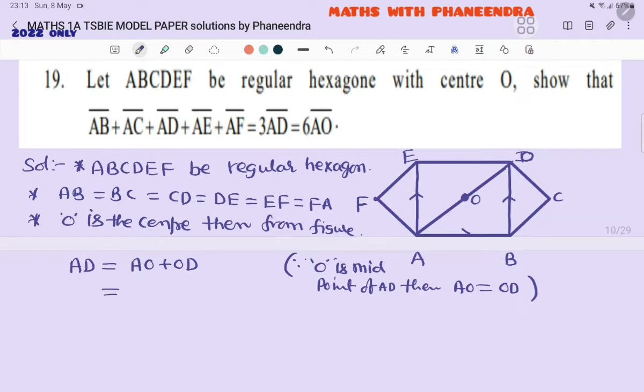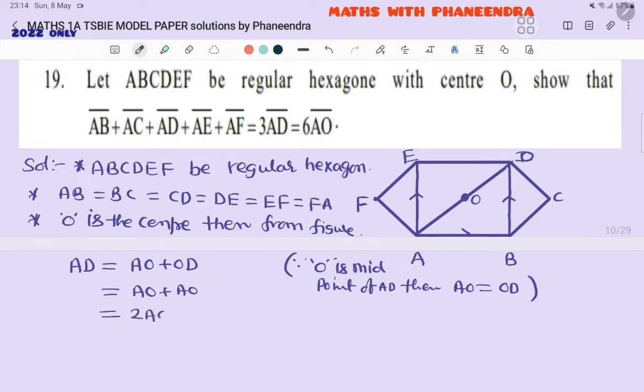So AO is equal to OD, no? So AD can be written as AO plus OD; in place of OD also write AO, since AO is equal to OD.